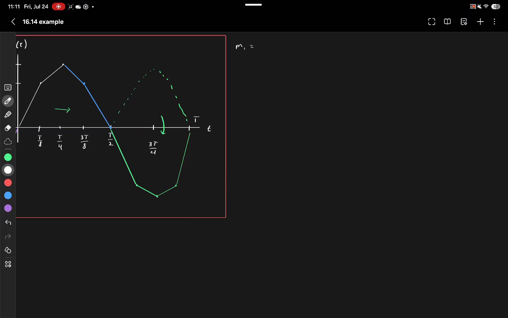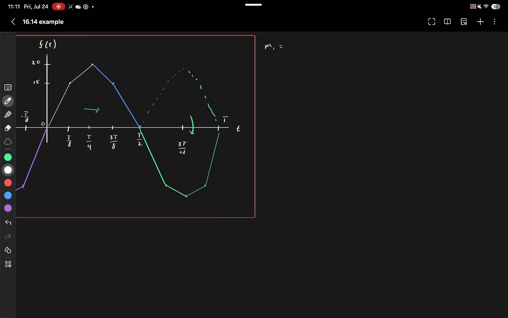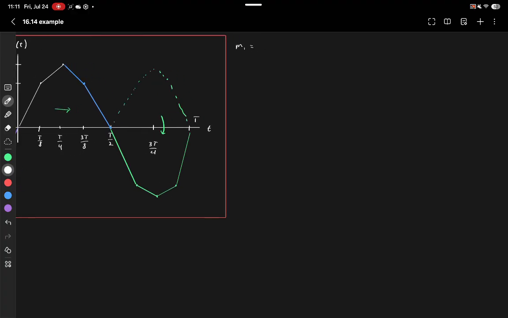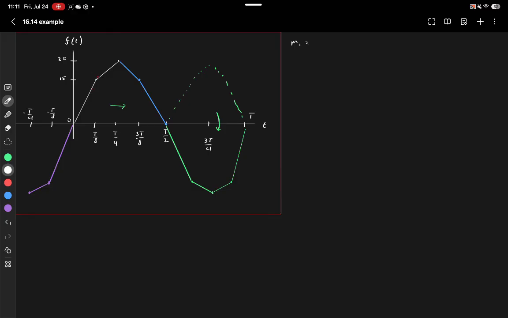But first, we're just going to focus on this. So, we're going to use y2 minus y1 over x2 minus x1, but for t and for our function. So on top, we're going to get 15. And then at the bottom here, we've just got 0, so that makes life pretty nice.